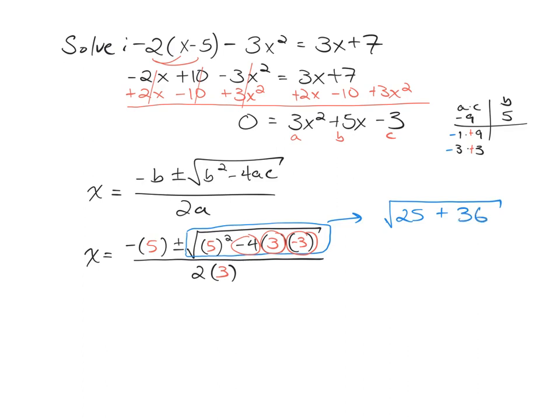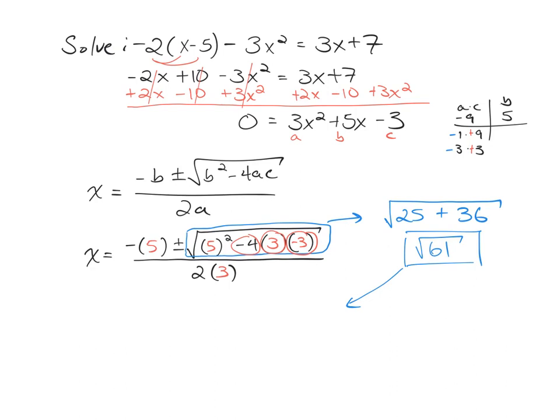I can add 25 and 36 and get the square root of 61. And then I have to think, what is the largest perfect square factor of 61? There isn't one. This is as simplified as it gets. Sometimes that's the way it happens.